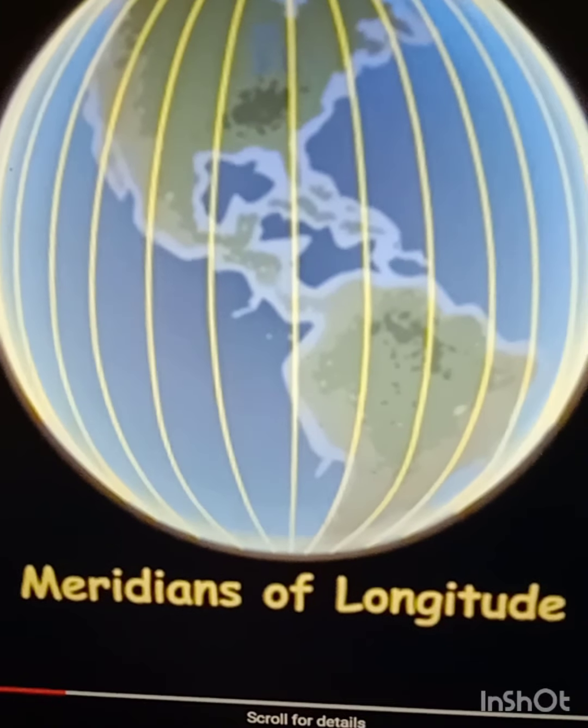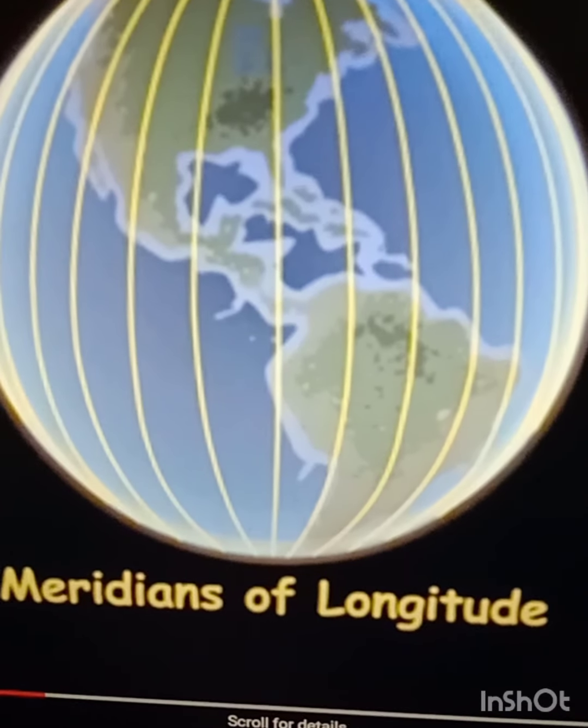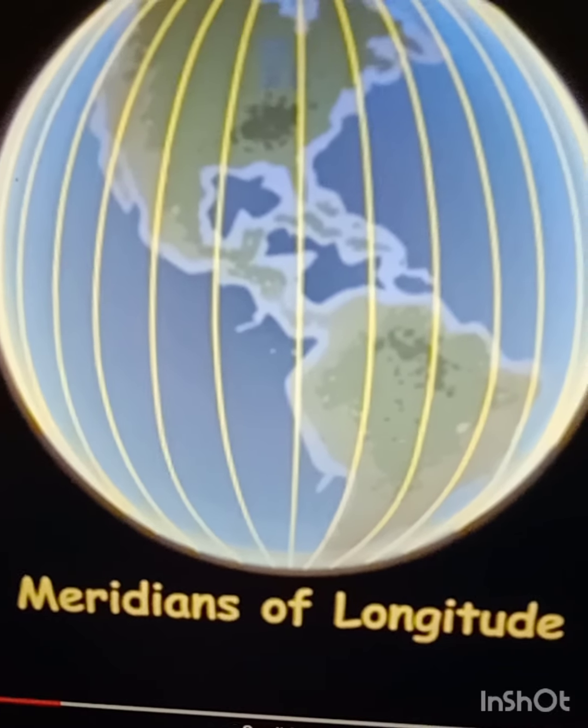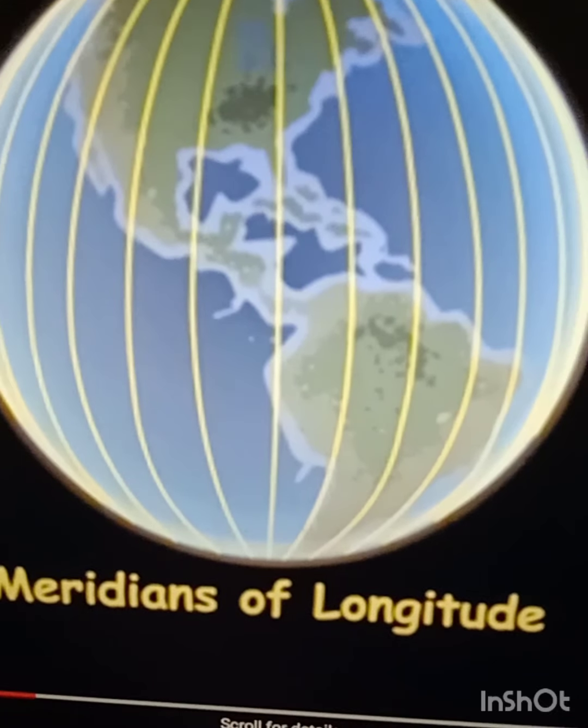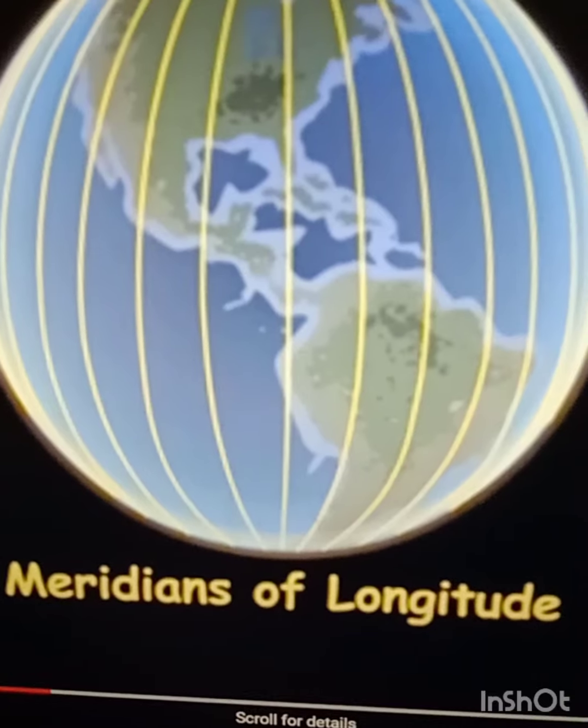Meridians of longitude, or lines of longitude, are imaginary half circles running from the North Pole to the South Pole.